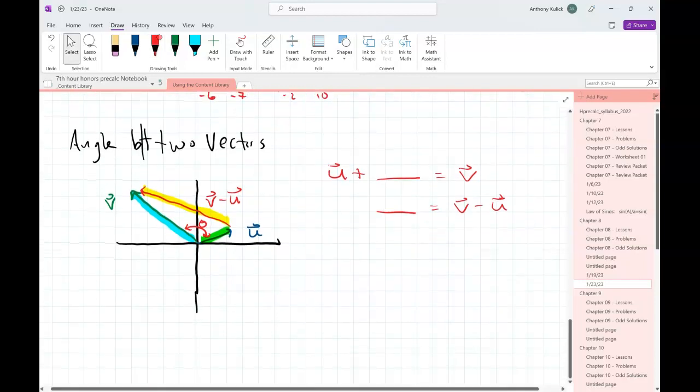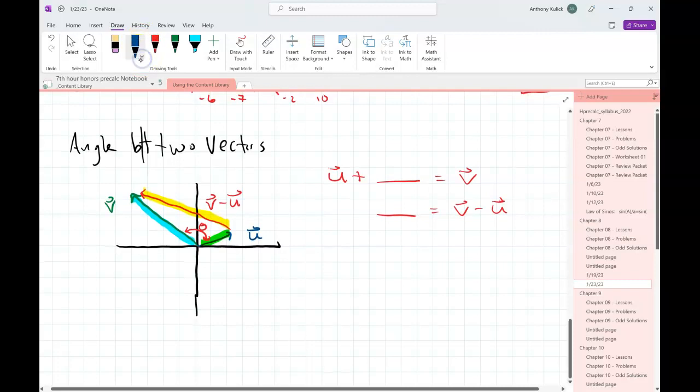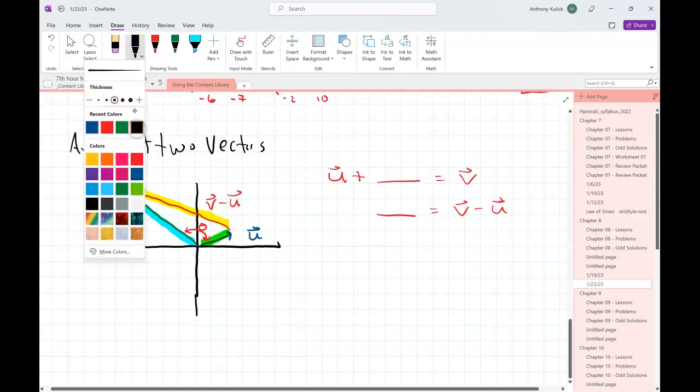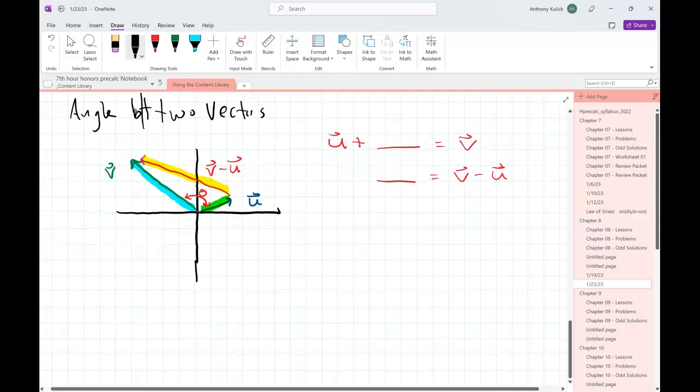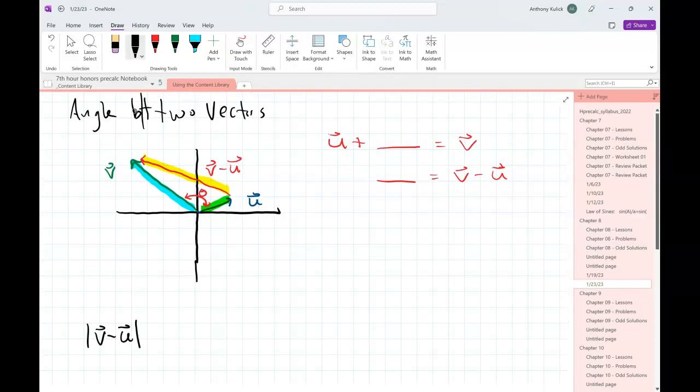So now all I'm going to do is use the law of cosines to say that the magnitude of u minus v squared is equal to the magnitude of u squared plus the magnitude of v squared minus 2 times the magnitude of u times the magnitude of v times cosine theta, where theta is just the angle between vectors u and v.